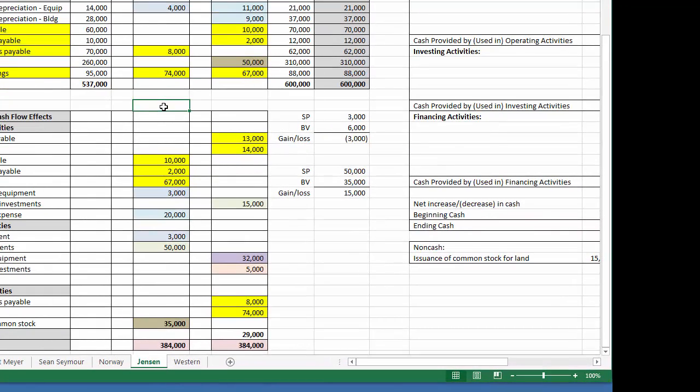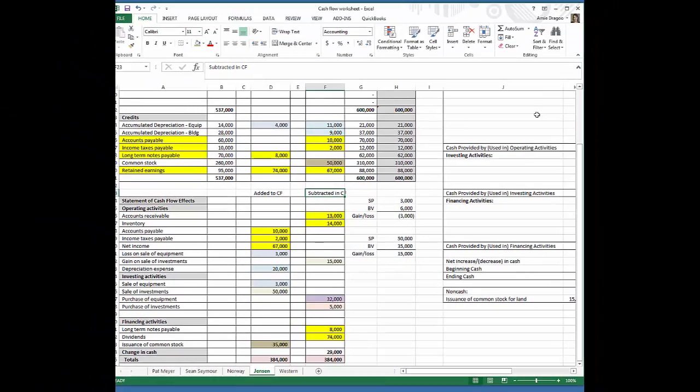All of these items here will be added to your cash flow statement. All of these items will be subtracted in your cash flow statement. So your next step would be to take all of these amounts and just put them into this formal statement, and you would have more of a formal order.